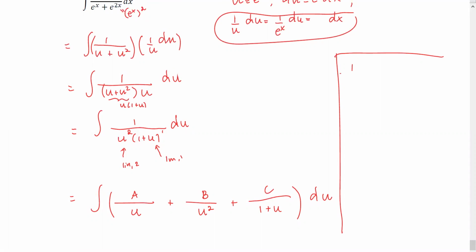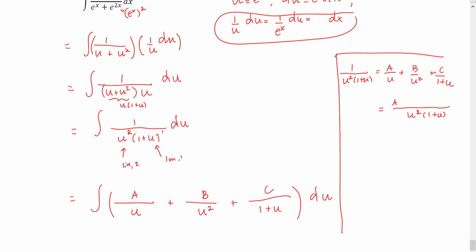Original fraction, which is 1 over u squared times 1 plus u, equals the sum of all 3 partial fractions: a over u plus b over u squared plus c over 1 plus u. Combine the 3 fractions using the common denominator u squared times 1 plus u.